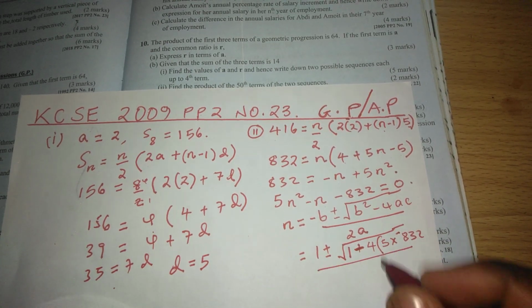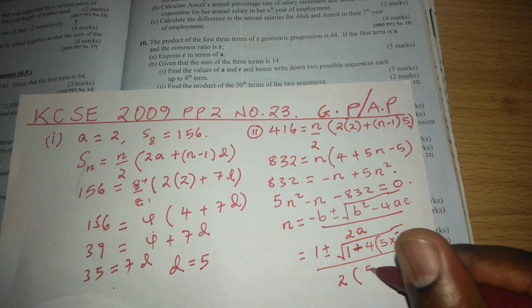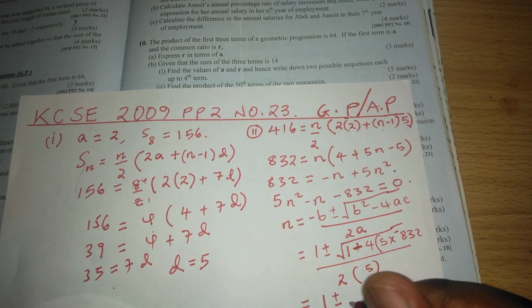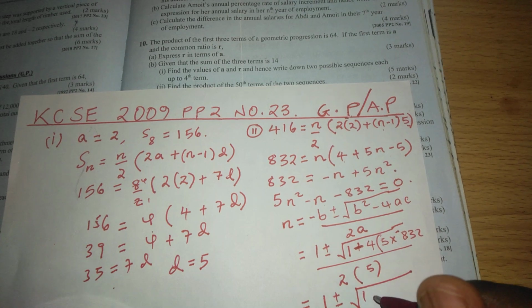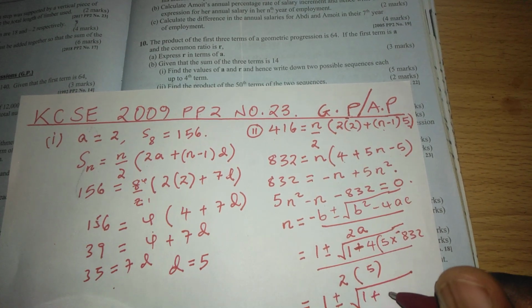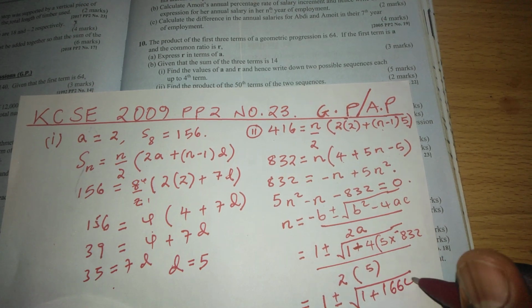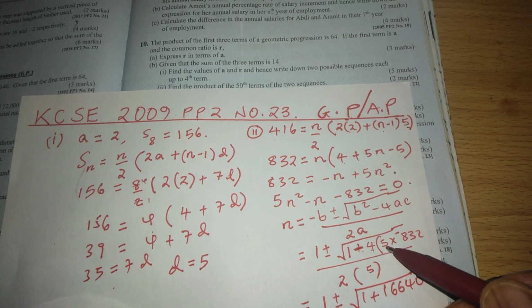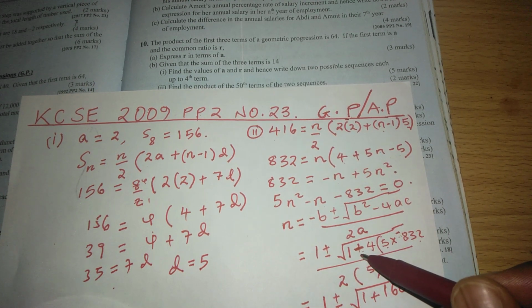Then we divide by 2 into brackets a, which is 5. So that we'll have 1 plus or minus the square root of, this is 1 plus 16,640. That is when we multiply negative 4 by 5 by negative 832. It becomes a positive because of the two negatives.